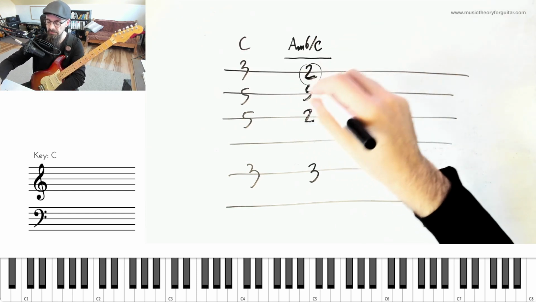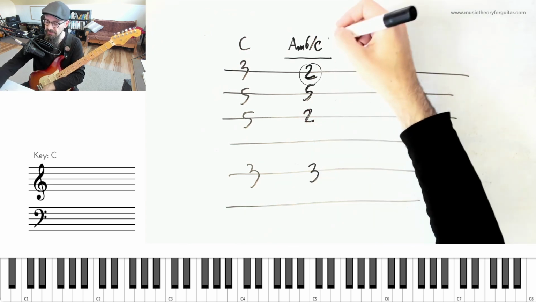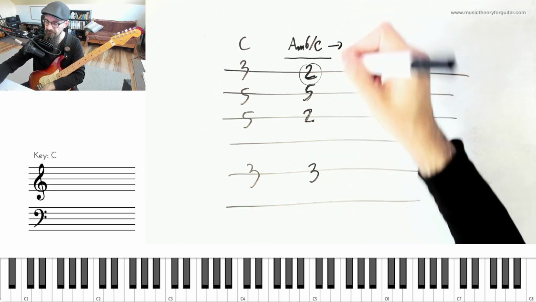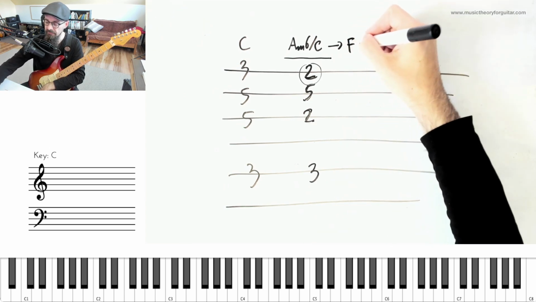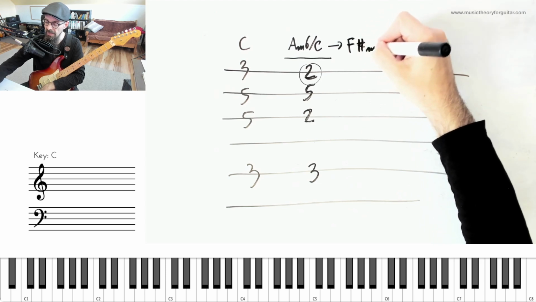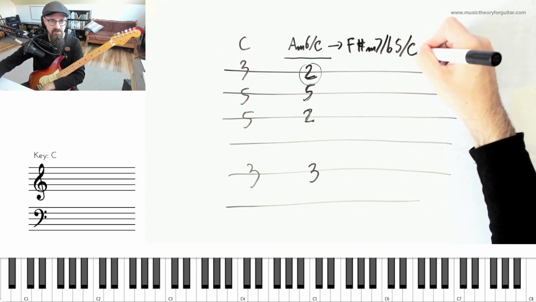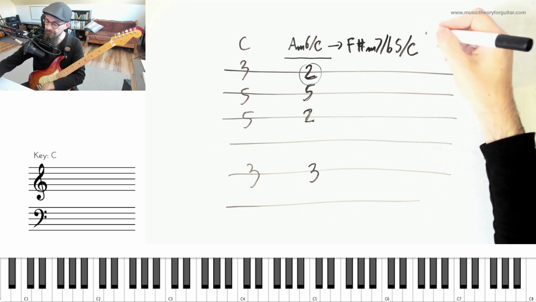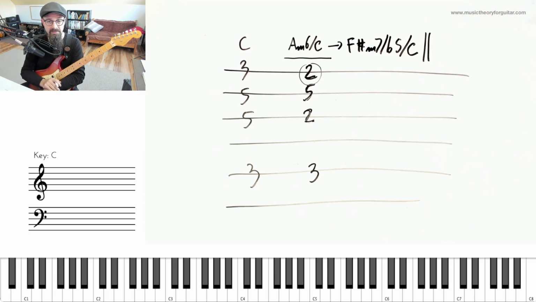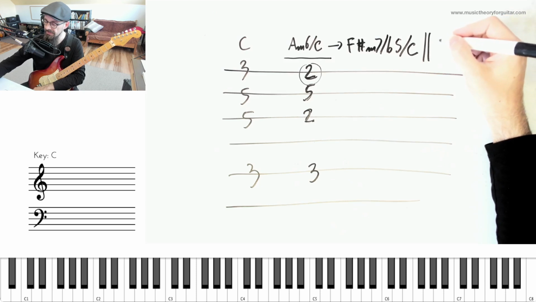It is a fundamental note, because if you turn this around and start organizing it, you discover that this chord, technically, is an F sharp minor seventh flat 5 with a bass of C, so in second inversion. Or even better, you can think of it as a D9.